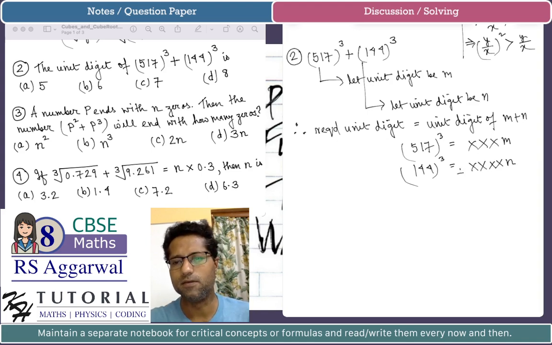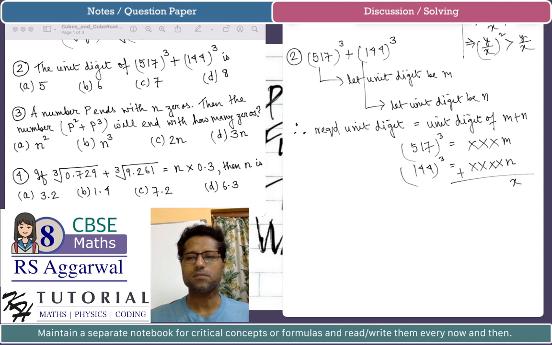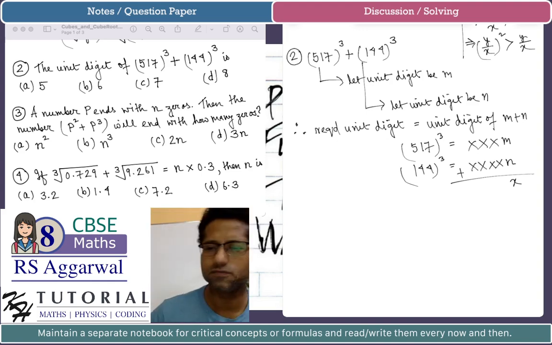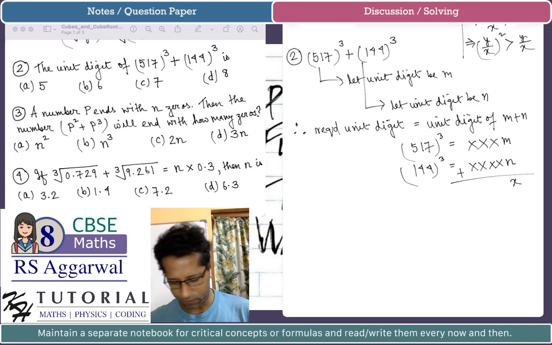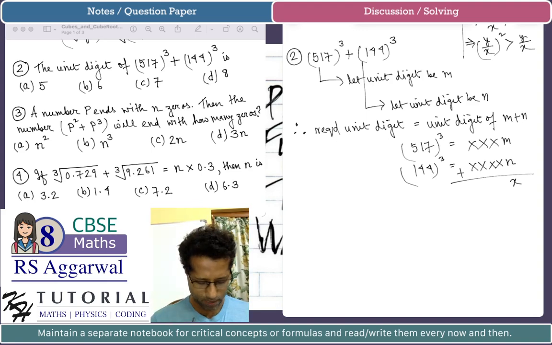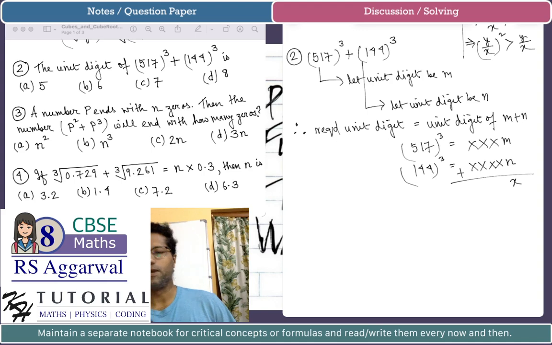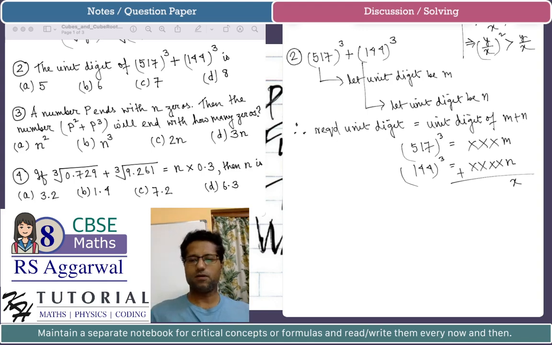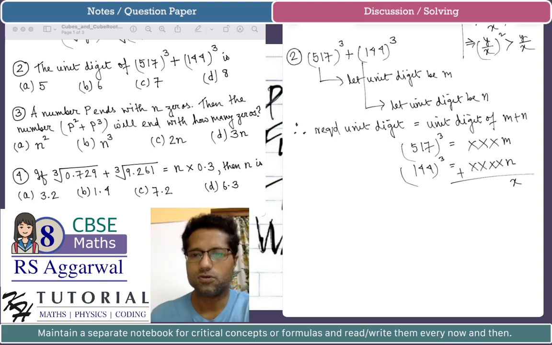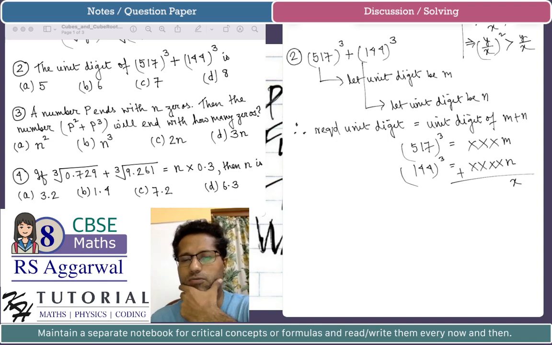Now if you add them, the unit digit will be the unit digit of m plus n, because we always add the numbers from right to left. So the unit digit of m plus n will be the unit digit of the sum of these cubes. Now the problem is, how do we know m and n?